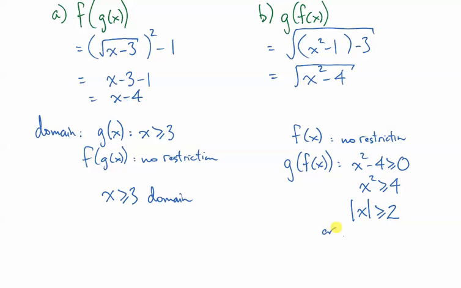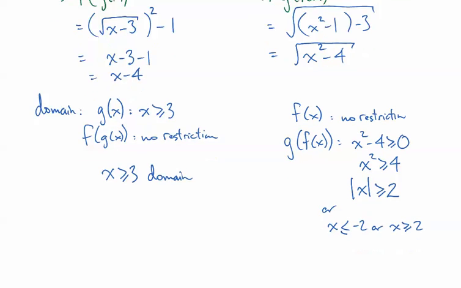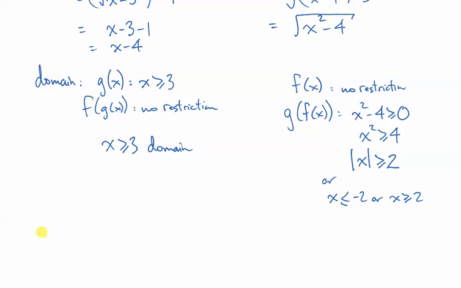Another way to say that is x is less than or equal to negative 2, or x is greater than or equal to positive 2. And you may want to think about that a little bit, try substituting a few values up here at x squared greater than 4 to see that this is the case. That's the first example. Now another example.